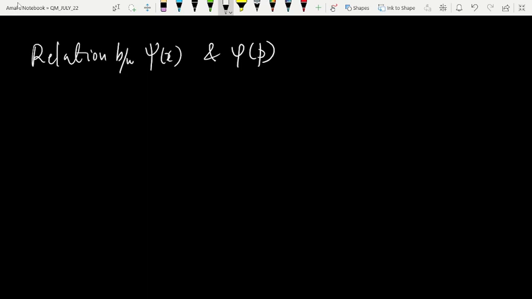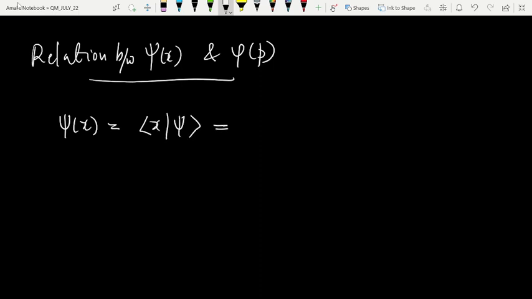relation between psi of x and psi of p. We know that psi of x is the inner product of x with psi. I am inserting an identity operator here, then it will become x I psi, and I am substituting I in terms of momentum vectors.